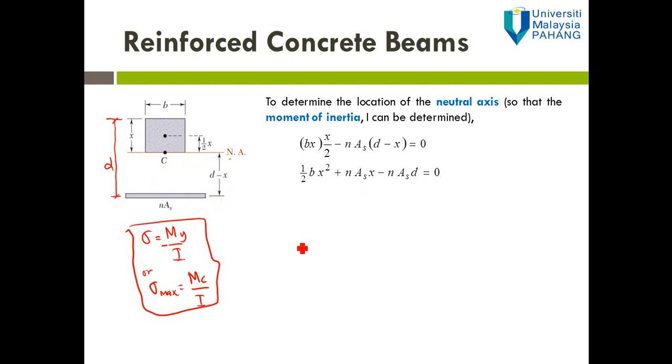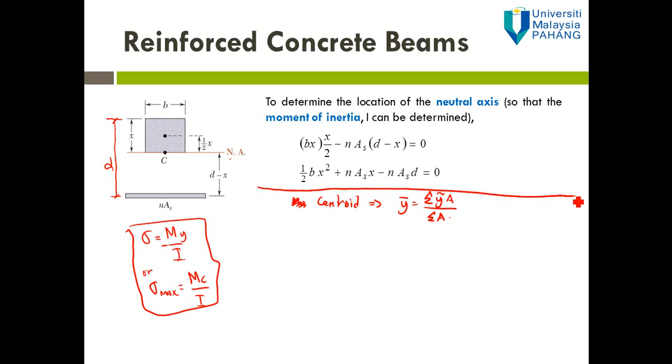We have the equation for the centroid, where the centroid is given by y bar equal to the summation of y A over the summation of A. I hope you still remember this.